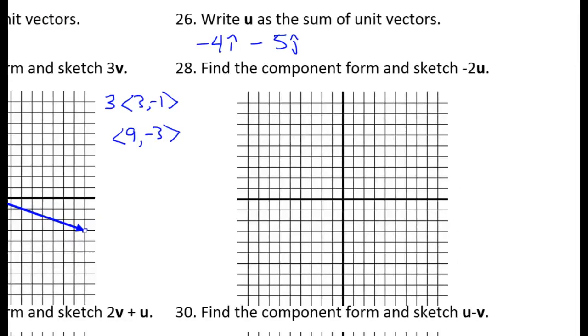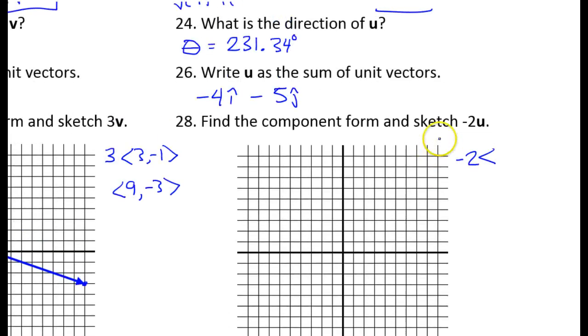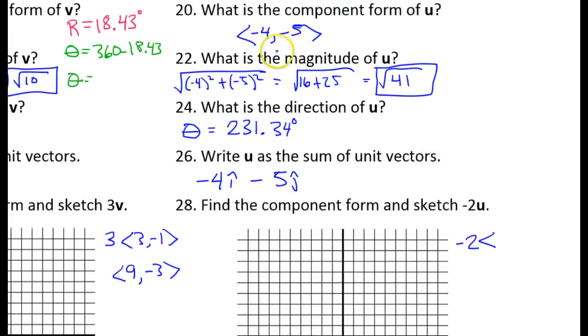Okay, now let's do the component form and sketch for negative 2u. So negative 2 times vector u, which remember is simply negative 4, negative 5. So that's going to give us positive 8, positive 10.